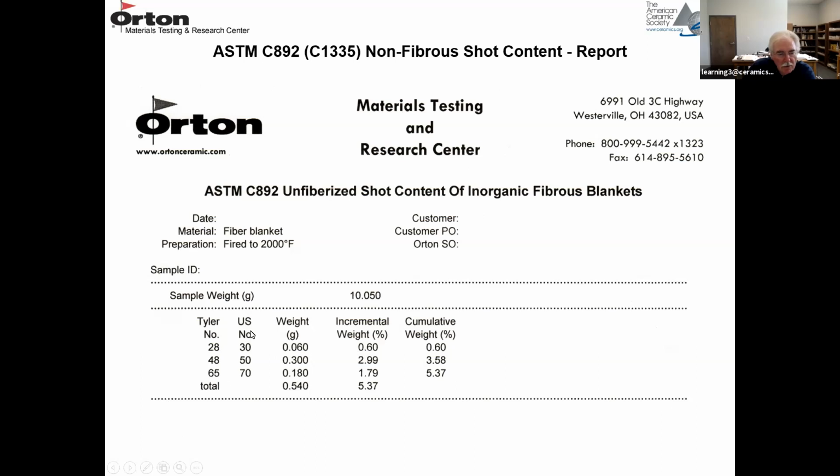But here's your US sieve numbers, 30, 50, and 70. Here's the weight retained. Here's the incremental weight. And here's the cumulative weight. So this has a shot content of 5.37 weight percent. So that's pretty low. So that's the test to measure shot content.